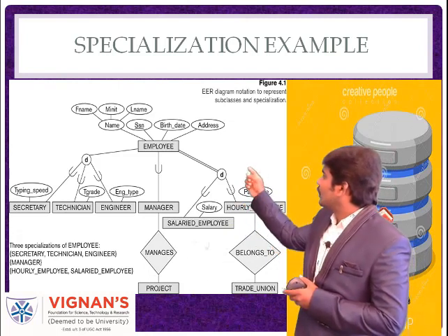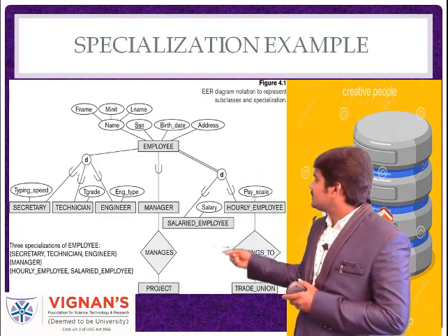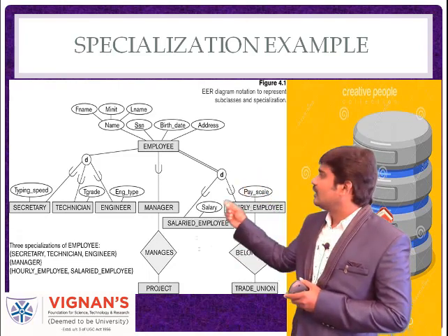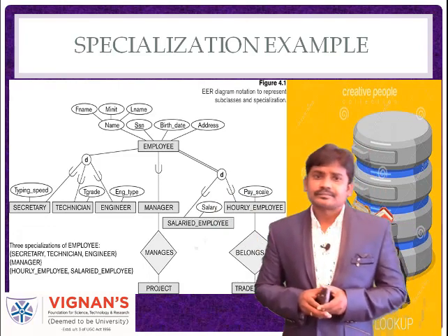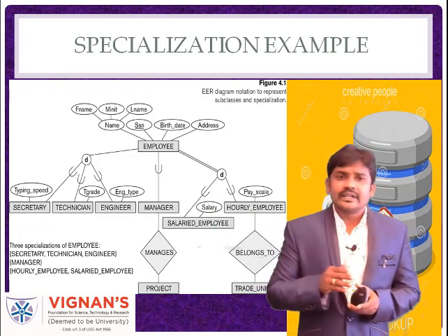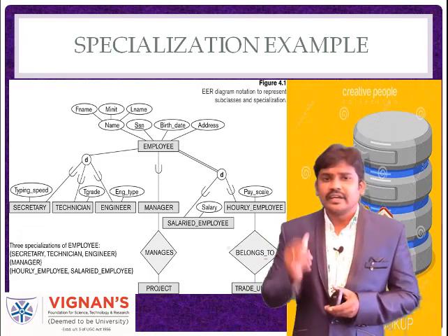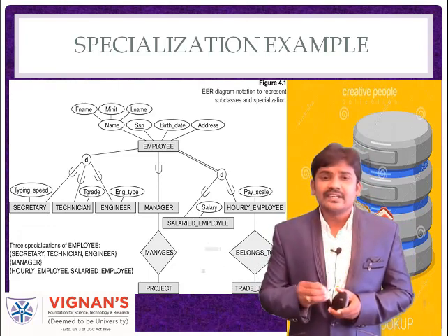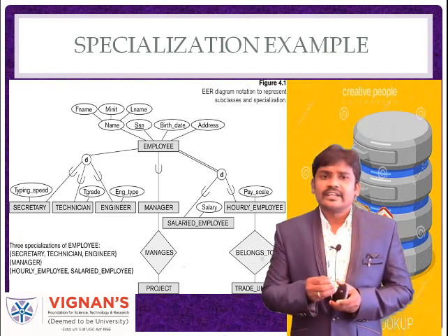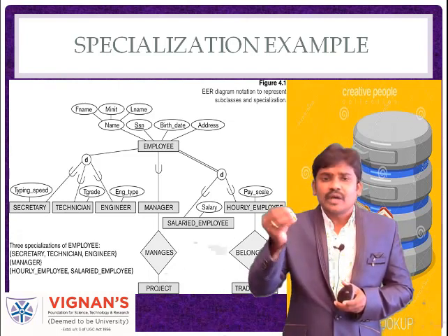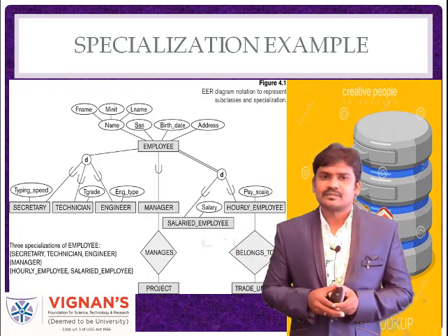All these are derived from the employee table with the disjoint partial constraint. Here the secretary, the technician and the engineer have their specific attributes, and along with that they can inherit the attributes from the employee superclass.